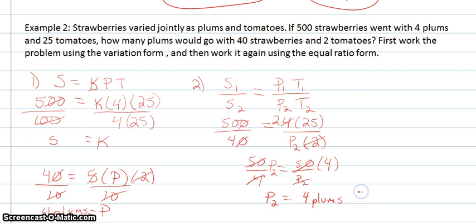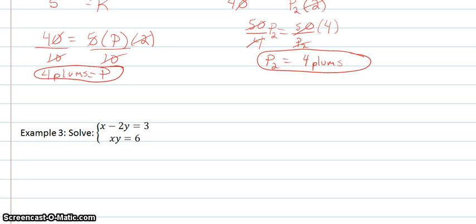So either way we set this up, we end up with the same amount of plums. So more than one way to solve these problems here.